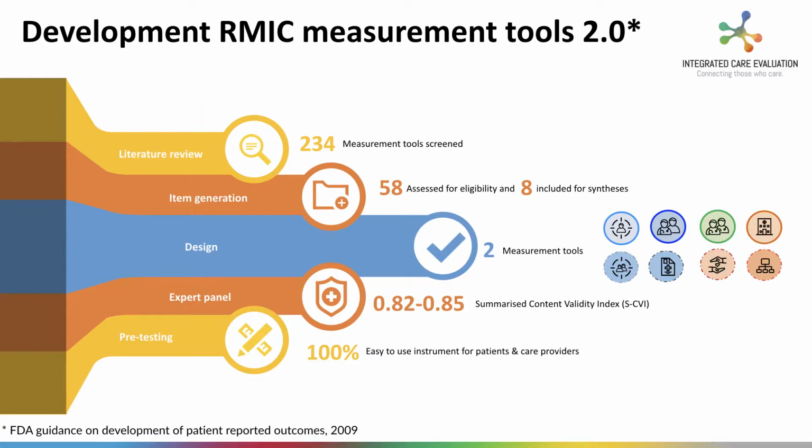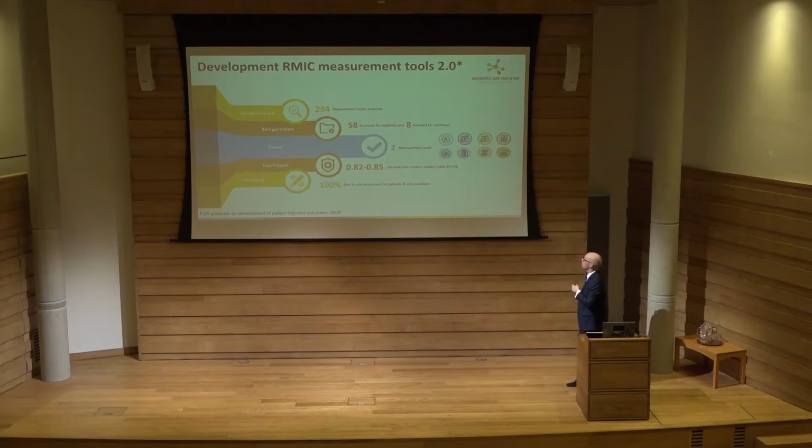The development of the rainbow model measurement 2.0, we did according to the FDA guidance for development of patient-reported outcomes. So we had a preliminary version of the measurement tool, and we conducted a systematic review, where we screened 234 measurement tools that had already been published.